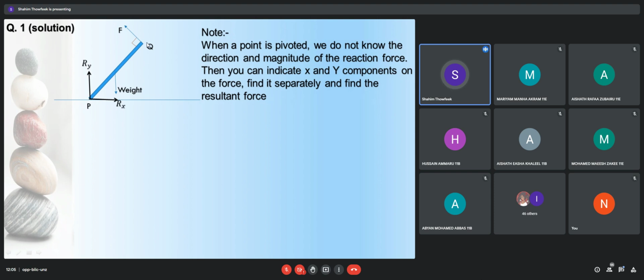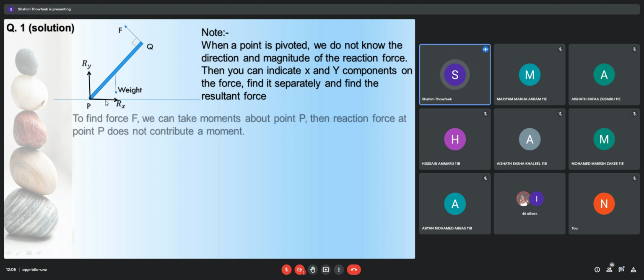You don't need to find the distance because you know PQ, it is the perpendicular distance. But weight is acting downwards, so you have to find the perpendicular distance. This angle is known. To find F, we can take moments about point P, then the reaction force at point P does not contribute a moment.